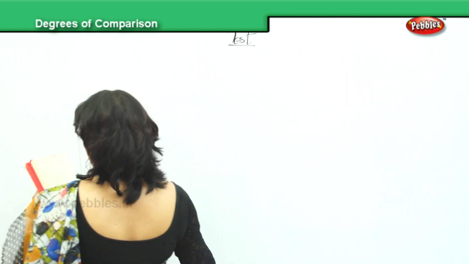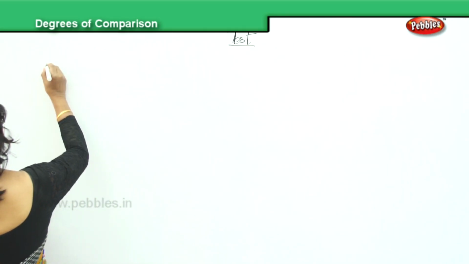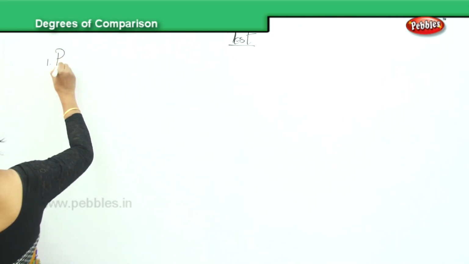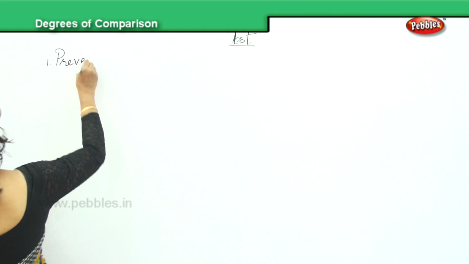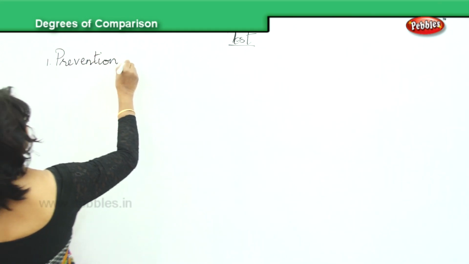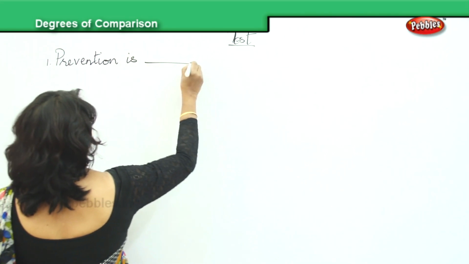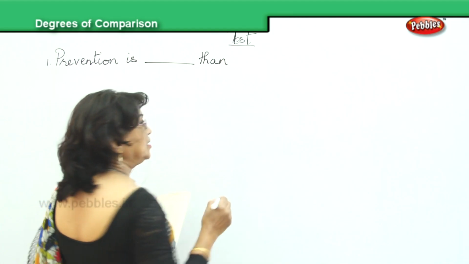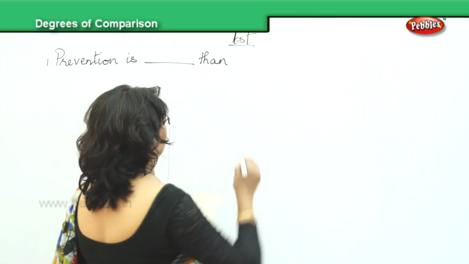Test. First one. Prevention is dash than cure. This you can easily write because it's a proverb.